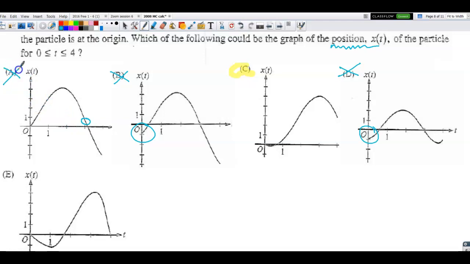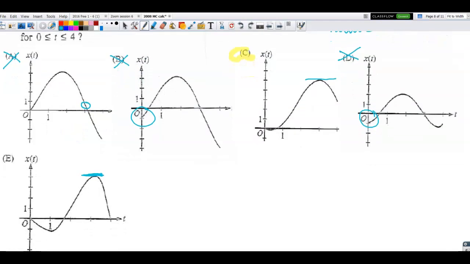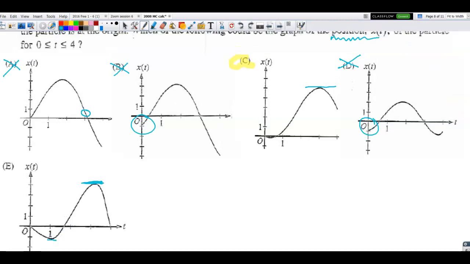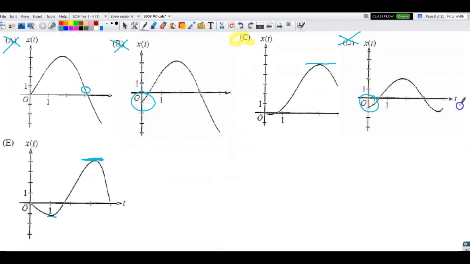The velocity there is not 0, so it can't be A. Here, at 3, the slope is 0, so I'm going to keep it for now. So now I've narrowed it to be between E and C. Now the difference between E and C is that, from what I can see here, the slope at 1 looks like 0, but in the table, the slope at 1 is +2, which makes more sense right here, so I'm going to pick C as my answer.